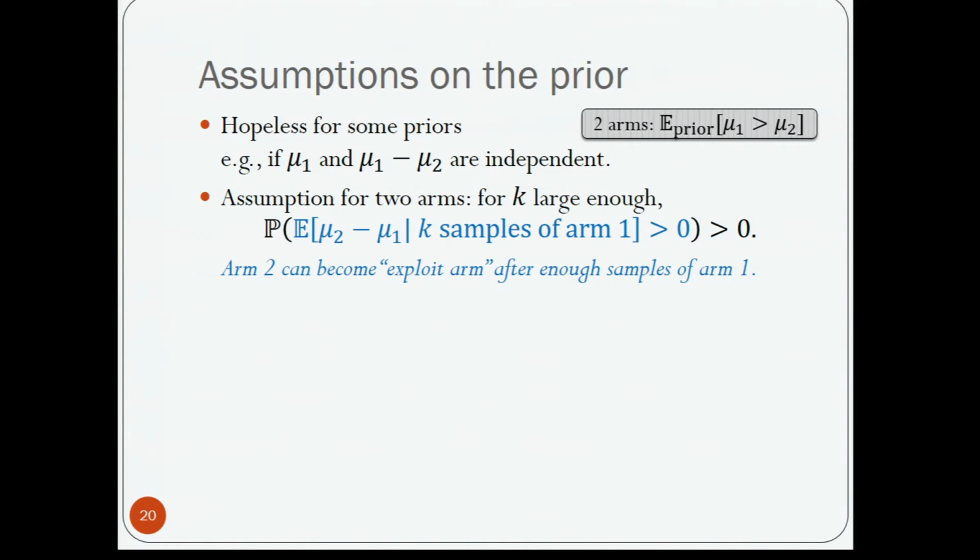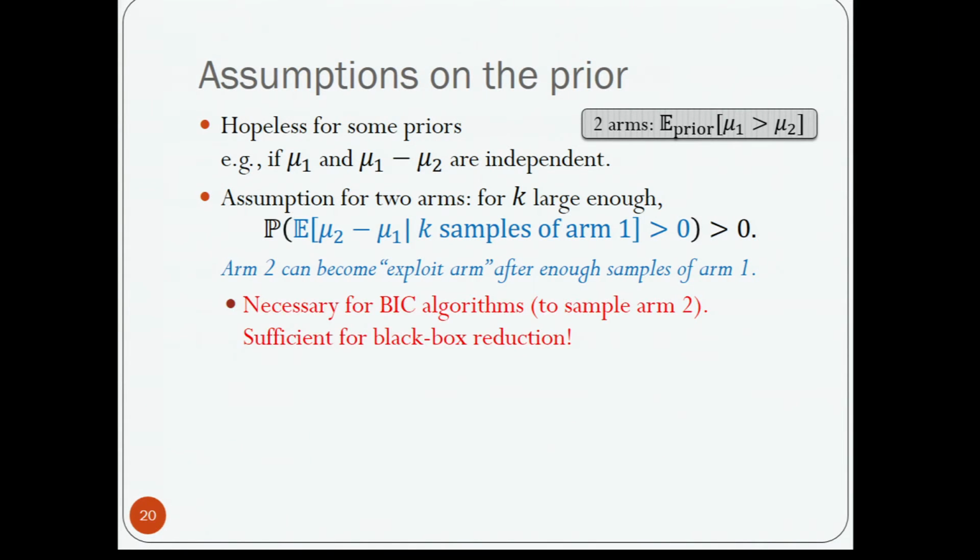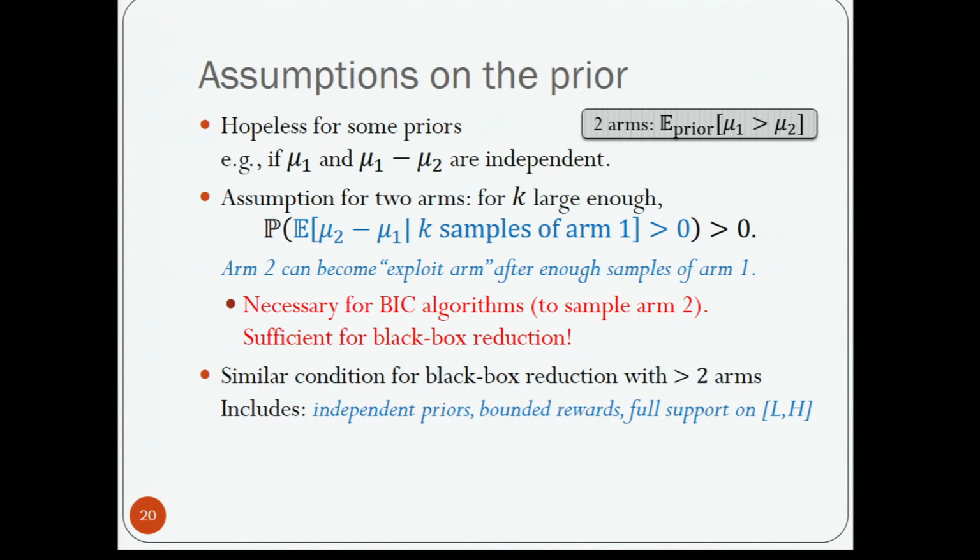So in some sense, it's a fighting chance assumption, to give the algorithm a fighting chance. And we show it's necessary for any BIC algorithm in order to try arm 2, and it is sufficient for the black box reduction for the case of 2 arms. For more than 2 arms, we have a similar condition. We cannot prove it's necessary, but this condition includes a natural case of independent priors.